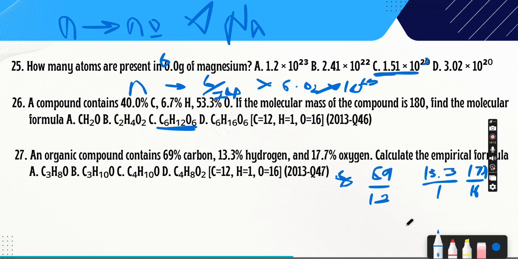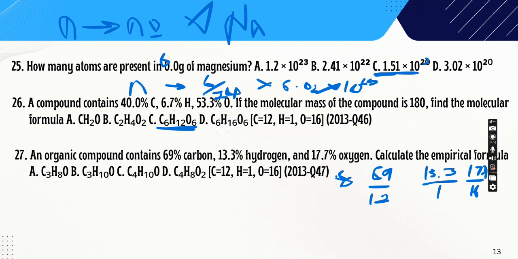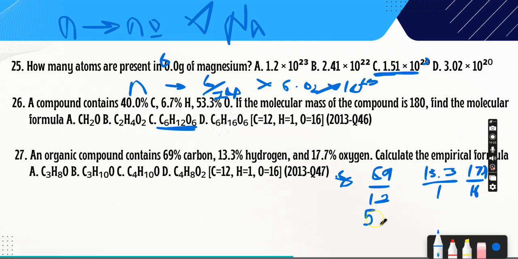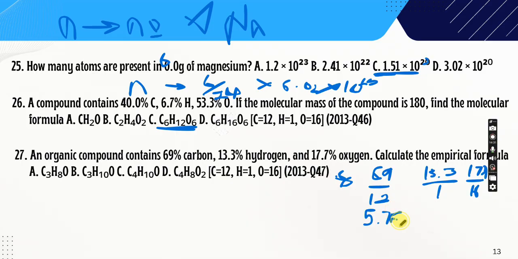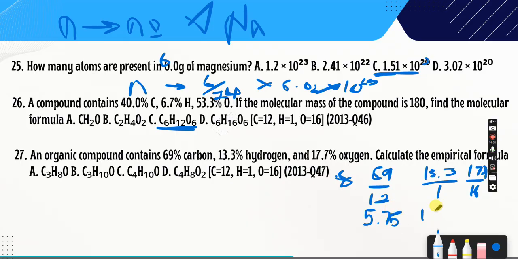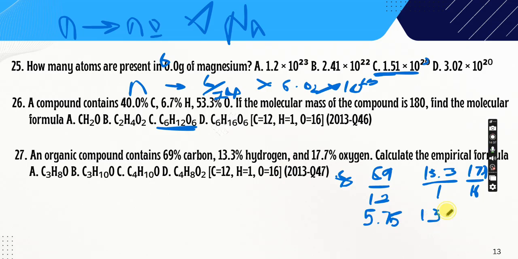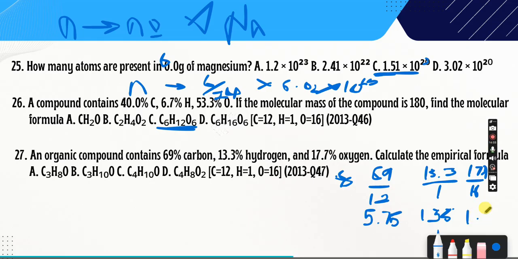So this will give us what? 5.75, and this will give us 13.3, and the last one, 17.7 divided by 16, that will give us 1.11.